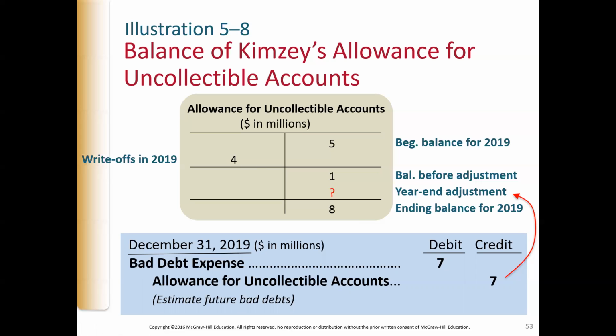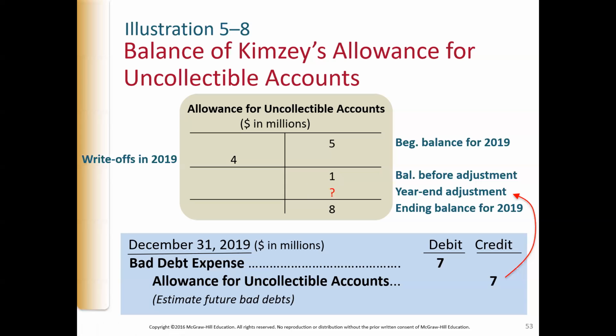In this case, if we overstated our bad debts, then this number will be less. It's only going to be $7 million. If we understated our bad debts, then our adjustment's going to be greater because we need to play catch up.